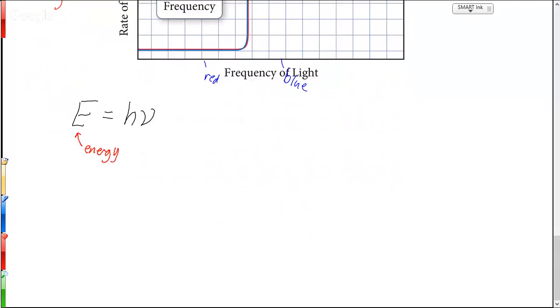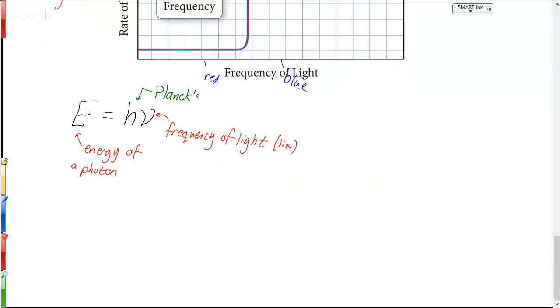So E is the energy of a photon. Nu over here is the frequency of the light in the photon. And then this h is the constant that relates the two.